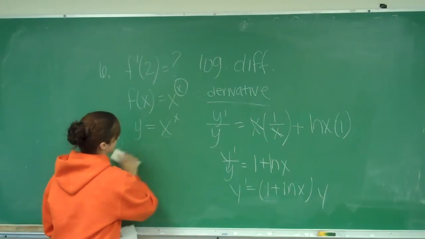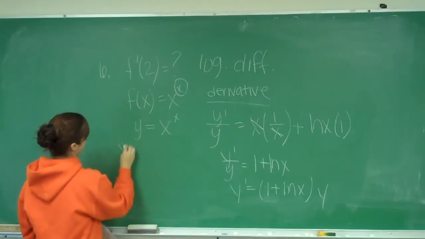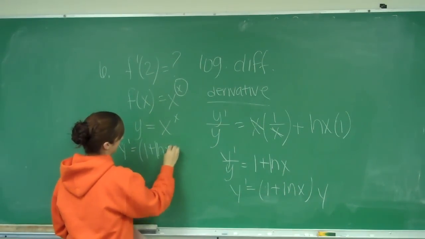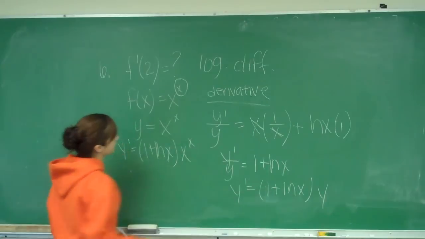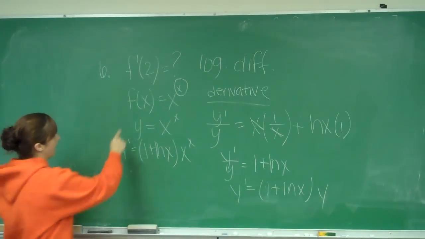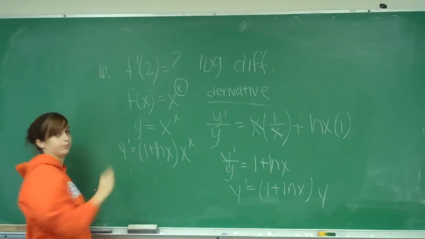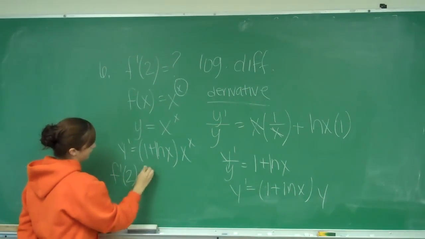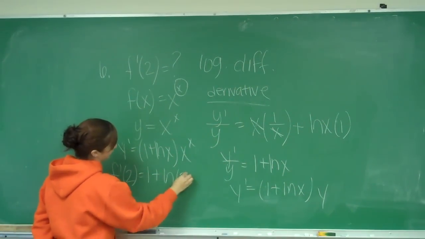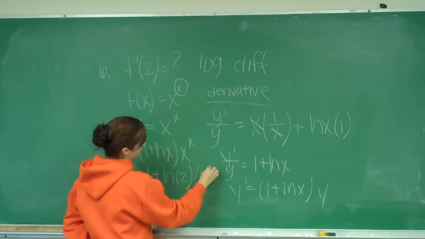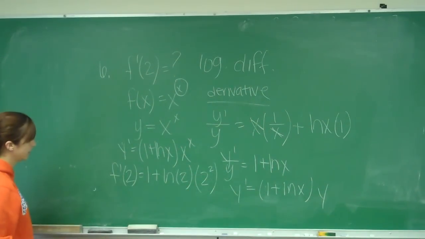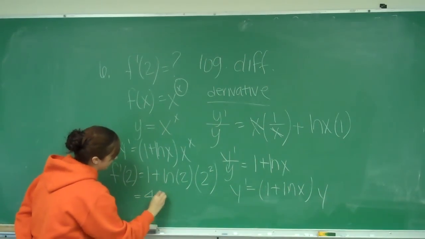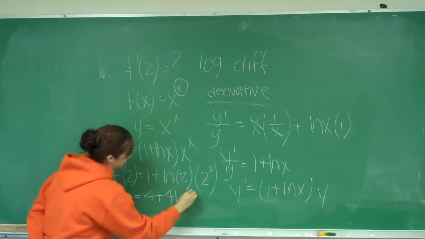So I now have that y prime equals 1 plus ln of x times x to the x. And then I plug in 2 because they want to know what f prime of 2 is. So f prime of 2 would be 1 plus ln of 2 times 2 to the power of 2. And for that I get, this is 4, so I get 4 plus 4 ln 2.